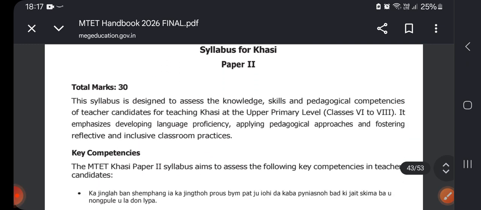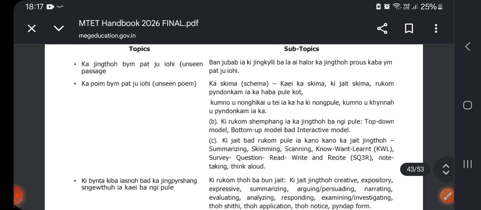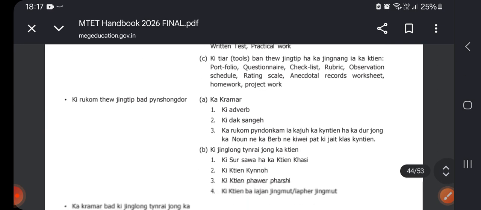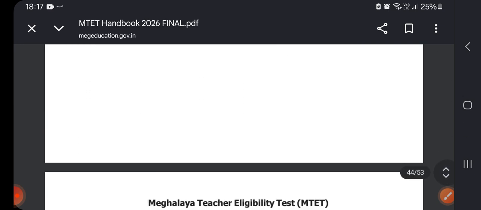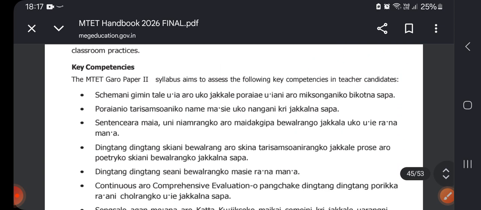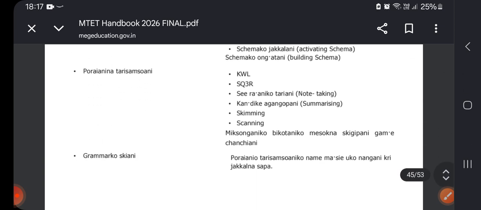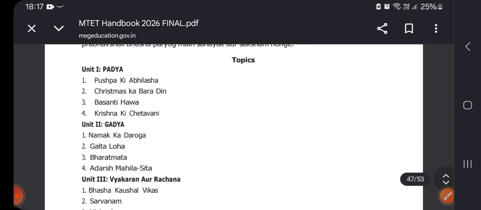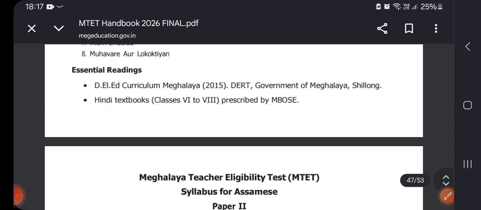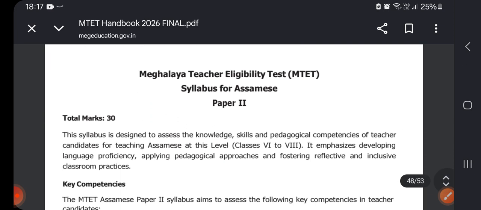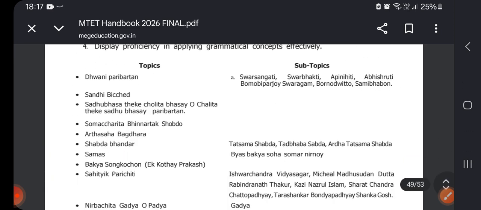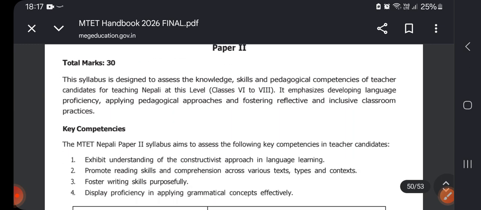Now moving to the questions and syllabus for the other languages. Friends, I'm just moving it because I cannot read it and it wouldn't be helpful. So for your purpose, I'm just scrolling down. You can take a screenshot or record or note whatever. This is for Garo. Okay. And then this is for Hindi, Assamese, Bengali, Nepali.